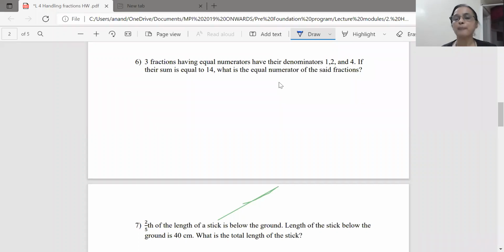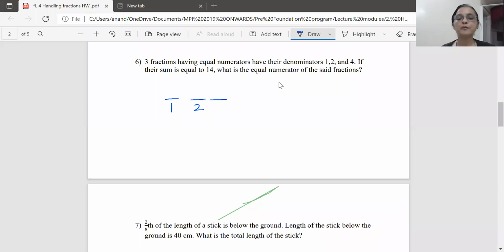And over there, we simply added the numerators and divided by the quotient to get the denominator. We cannot do it like this over here because they have equal numerators and the denominators are different. So we cannot simply add the denominators and find the answer. The denominators are different, so we will have to use a different policy over here.